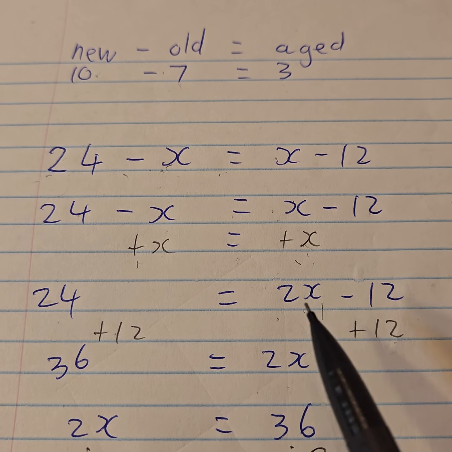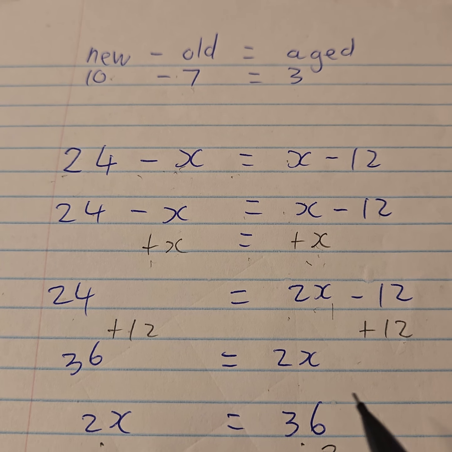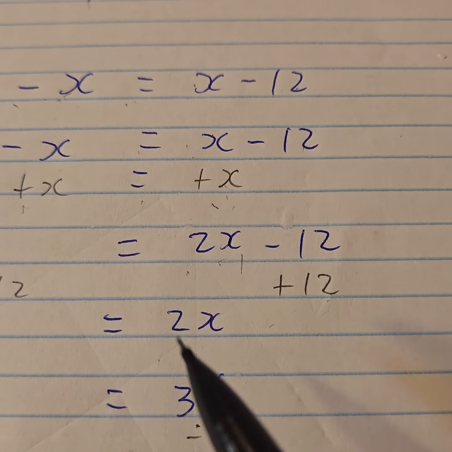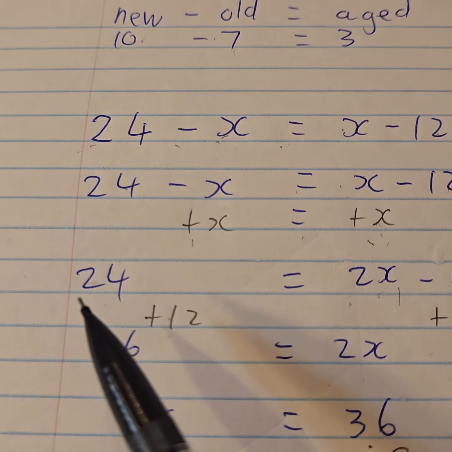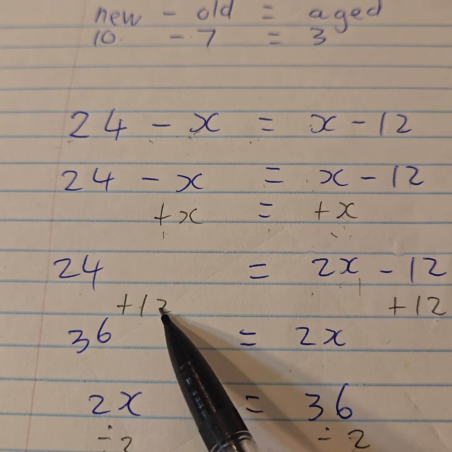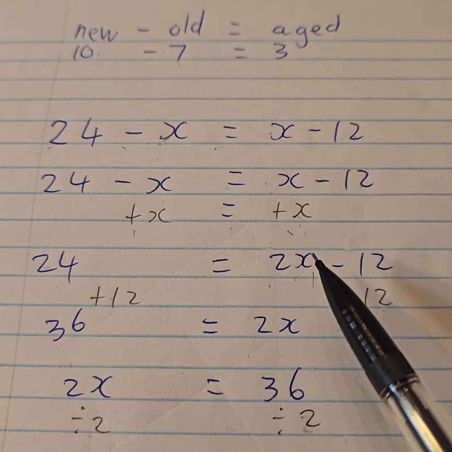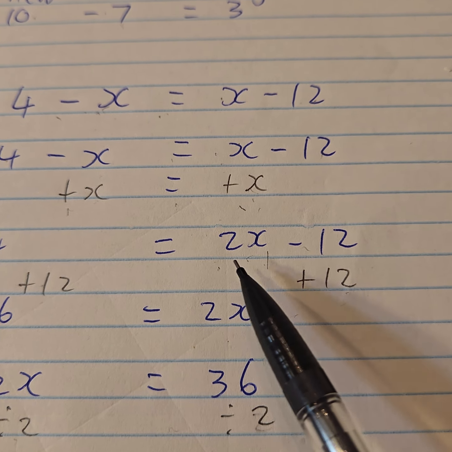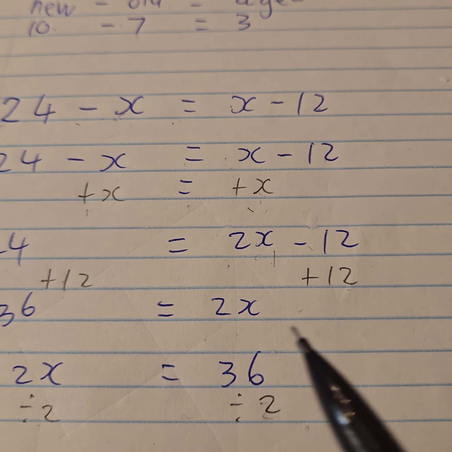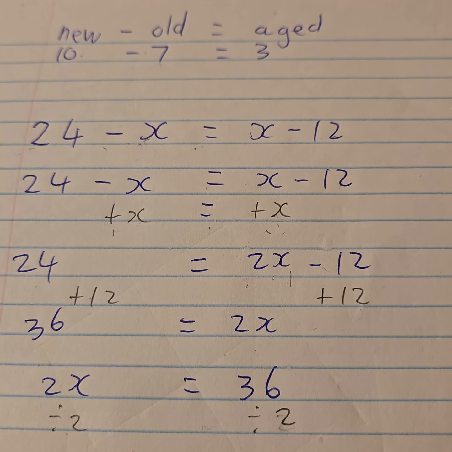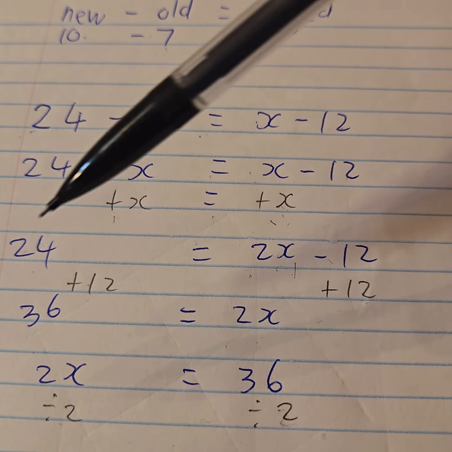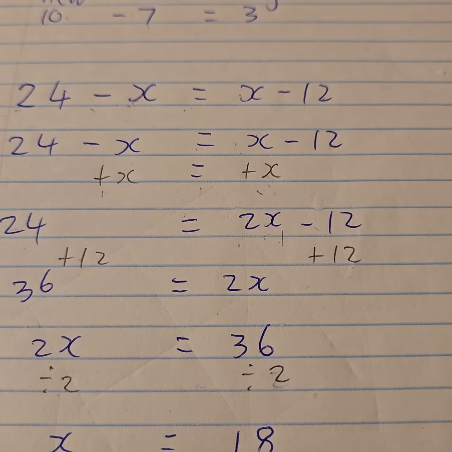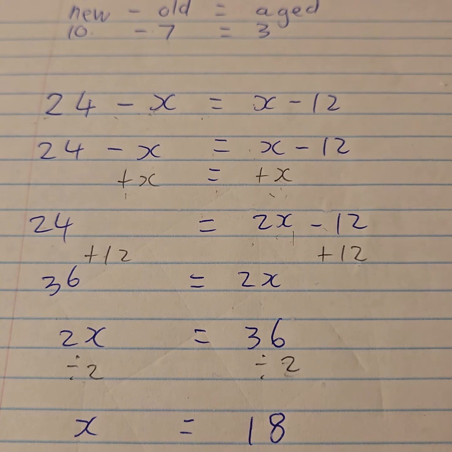And it's helpful because I'm eliminating the numbers on one side, those 12s over here, to make it simpler. So the left side is 24 plus 12, gives me 36. The right side, 2x minus 12 plus 12, is like 2x plus 0. So I just have 2x. See, it's a balancing scale, and left and right increased by 12, so it still balances.